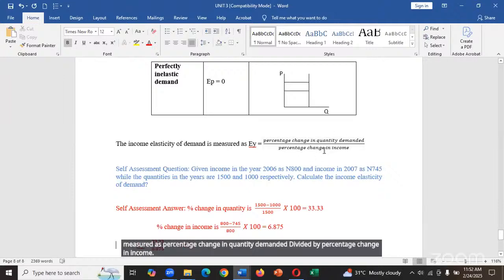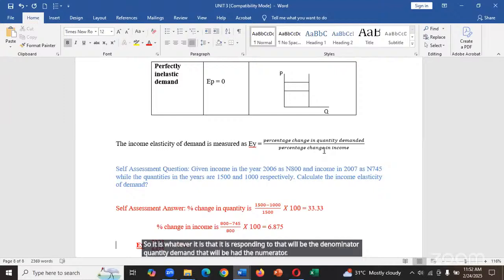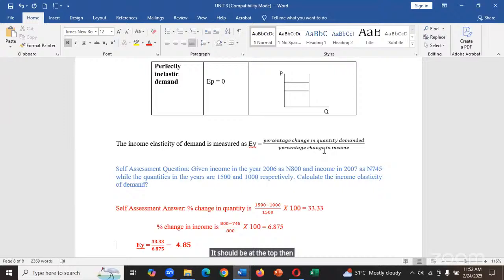So whatever it is responding to will be the denominator. Quantity demanded will be at the numerator, at the top, and the ones it is responding to will be down.